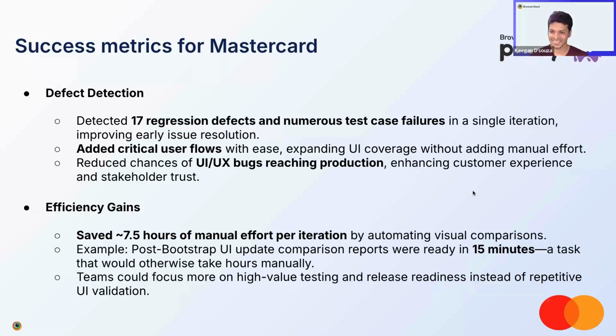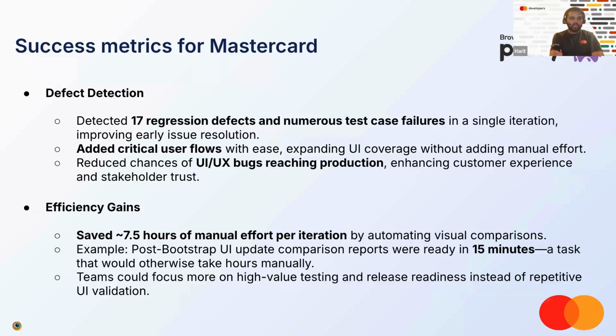Go ahead. Yeah, with the efficiency gain, with every iteration we are saving almost 7.5 hours. This number may look big, but let me give you one example. We started with 150 products, and at Mastercard we have thousands of documentation pages. We are not even covering 5% of those at present, but we have gone with the most important ones.